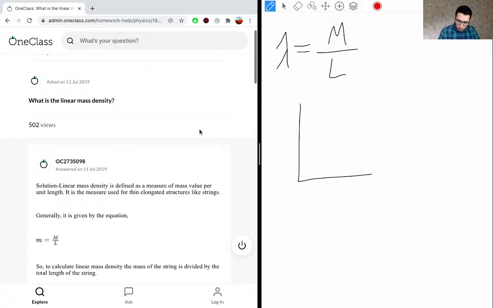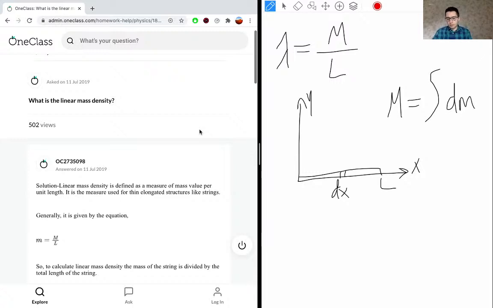We can draw a plot. Let's say we had some linear object, like a string or something, and we have y and x, and we have some small unit, dx. To evaluate the mass of this entire length, we'd have to evaluate the integral of dm, of each unit of mass along this length.